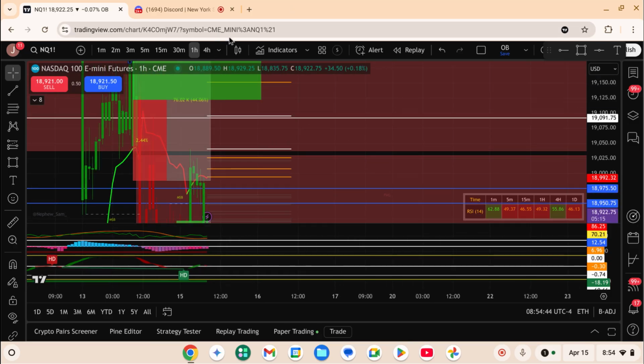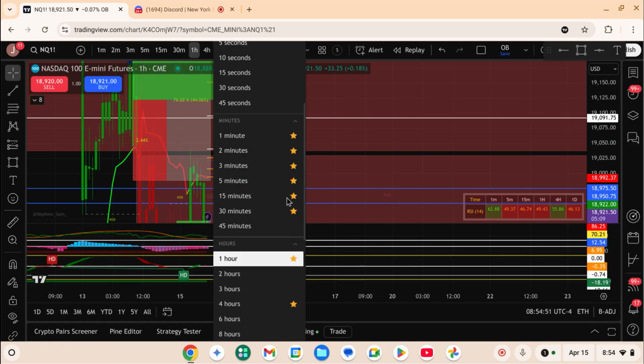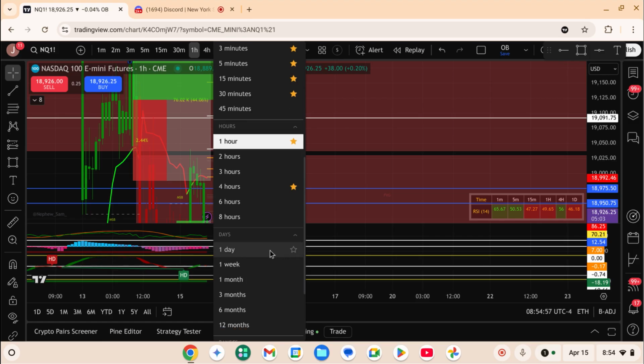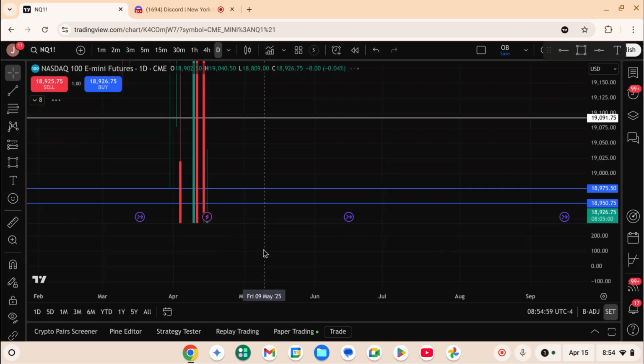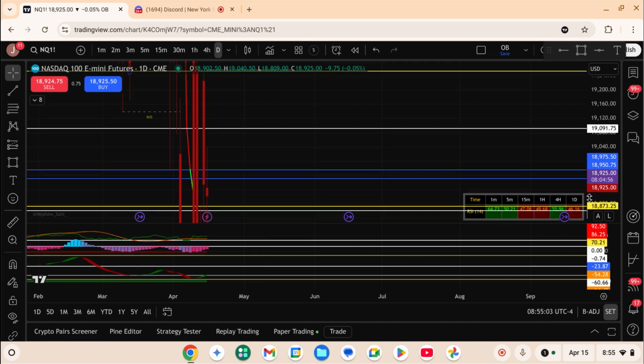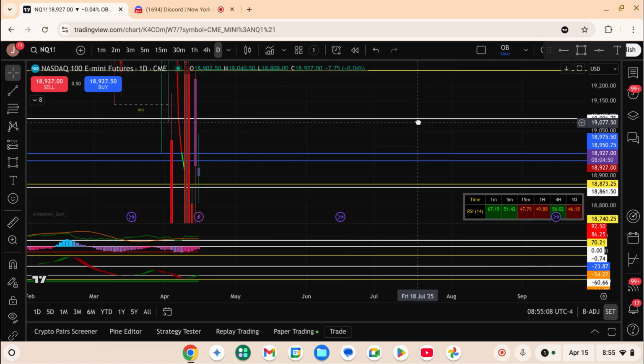You look at the daily level. That's a nasty doji.